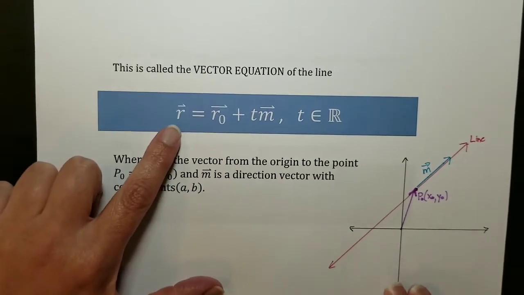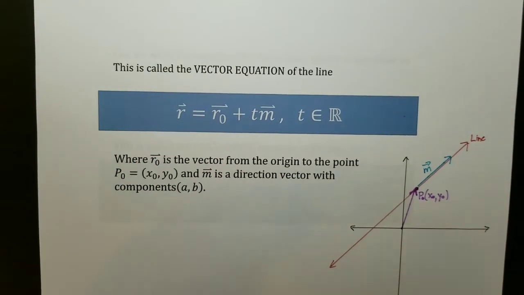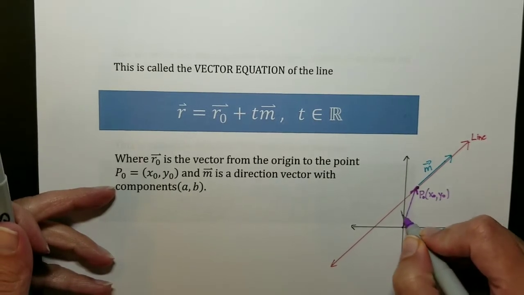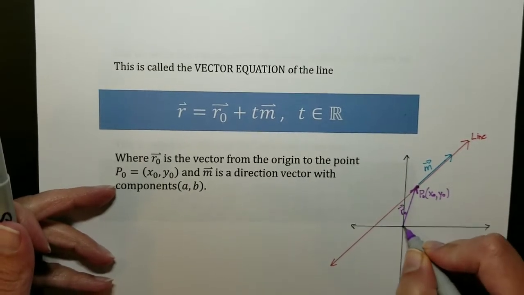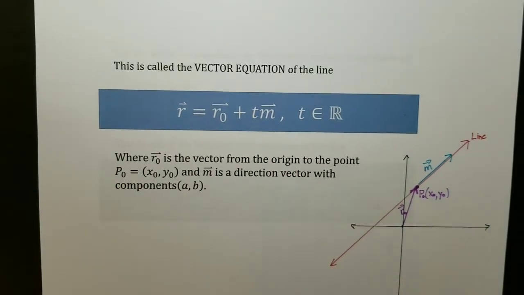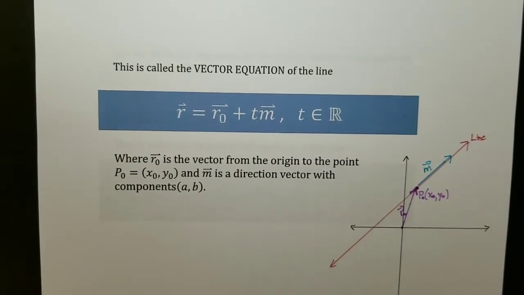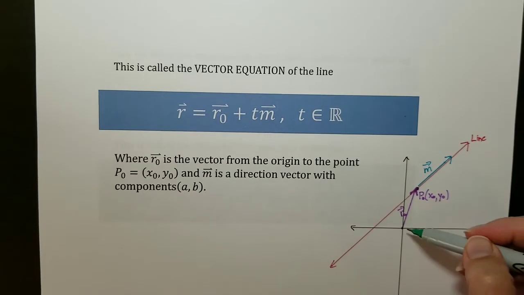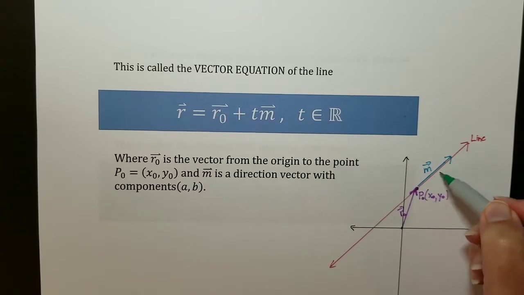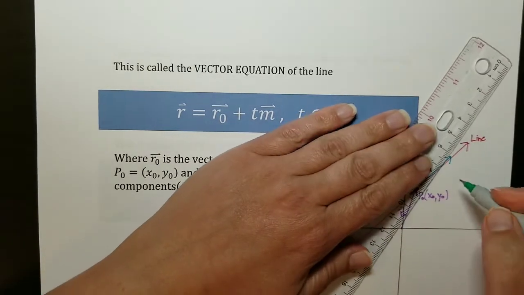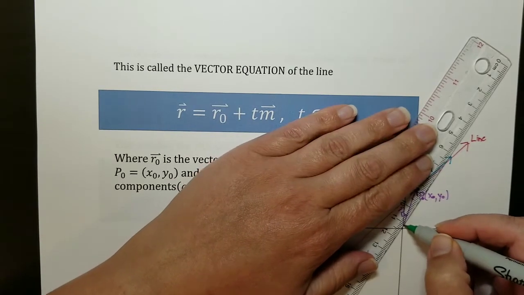So that's what we're going to do. We're going to say, so this is vector r naught to get from the origin to point P, and that this will give me a resultant vector. So I'm going to take the r naught plus vector m, or some scalar multiple of m, and that will get me a resultant vector that gets me to any point.